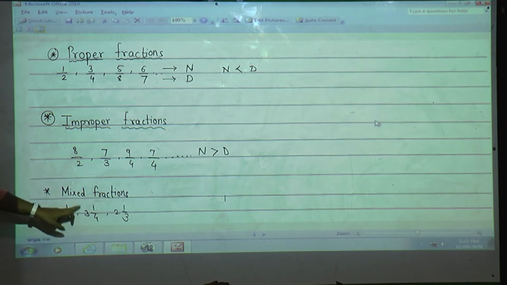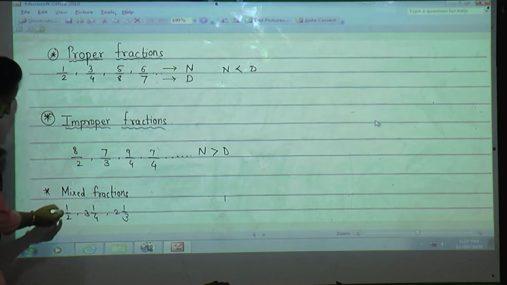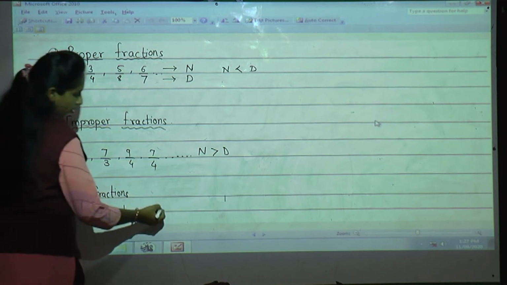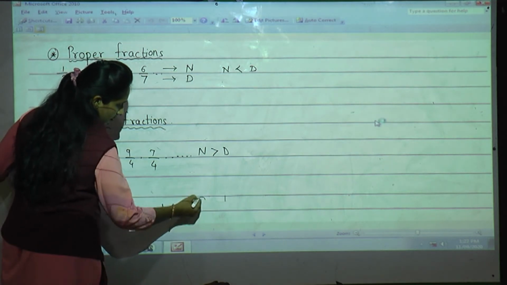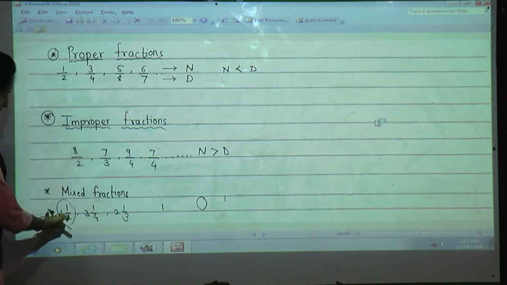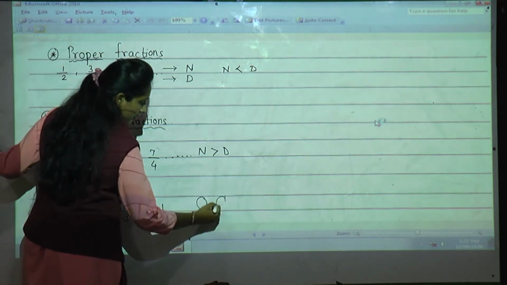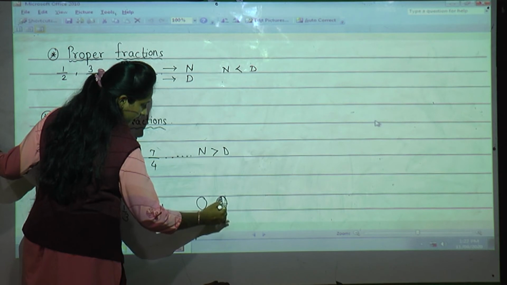Can you see here, mixed fraction numbers are written in this way. This is 1, where 1 is a whole number, and 1 upon 2. Now see, this number, I will take 1. 1 means I will draw one full, and this is half. Half means again one more I will draw, and a half part.